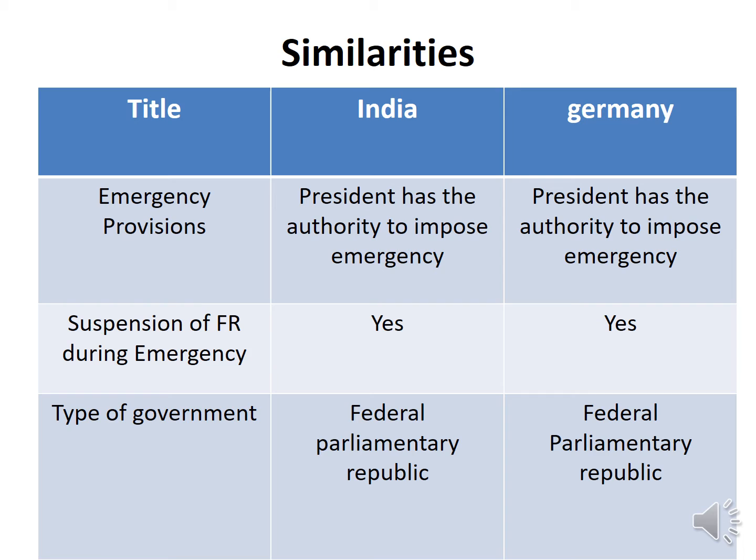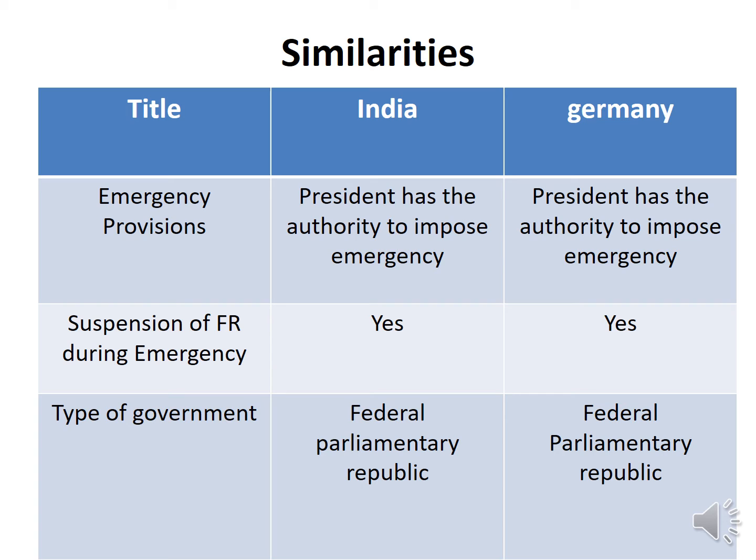As for the type of government, both countries are federal parliamentary republics. Federal means that power has been distributed among the states also, and autonomy is given to states at their level. So power is distributed between the union and the states.